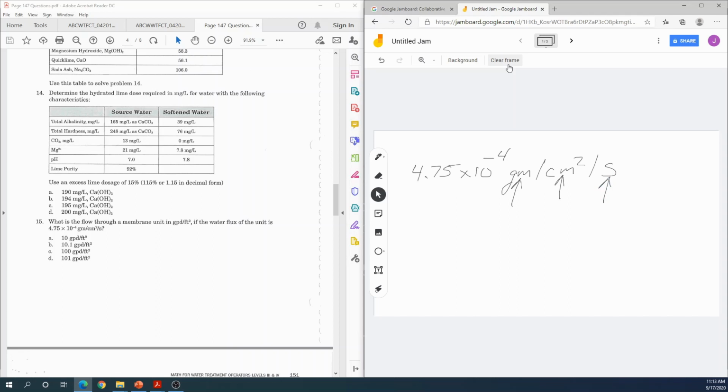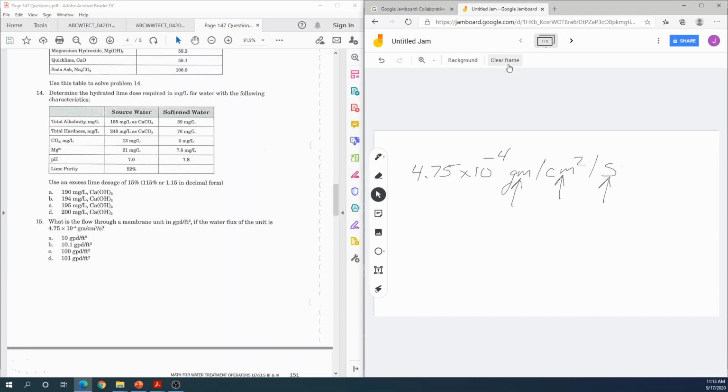So what we're talking about with the flux is a mass of water per the area over a given time. So a weight or mass, an area, and a time.